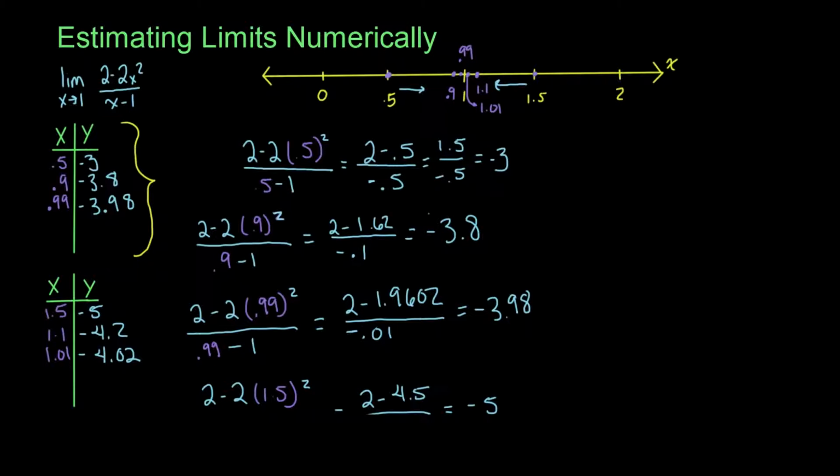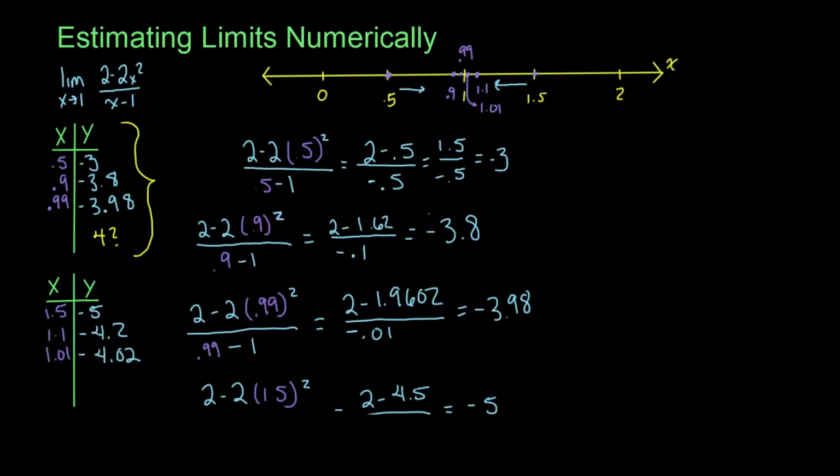It looks like we're getting closer and closer to negative 4. We're approaching 4, and it doesn't seem like we're going past it. As we get closer, our growth slows down. So it looks like we're approaching 4 here.